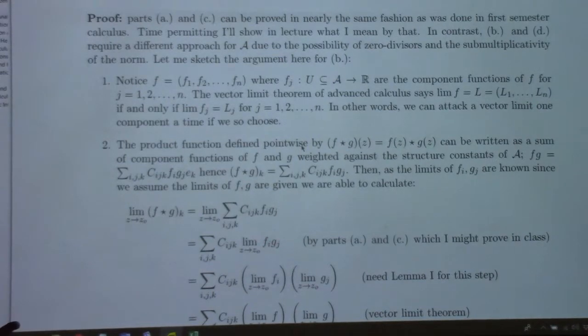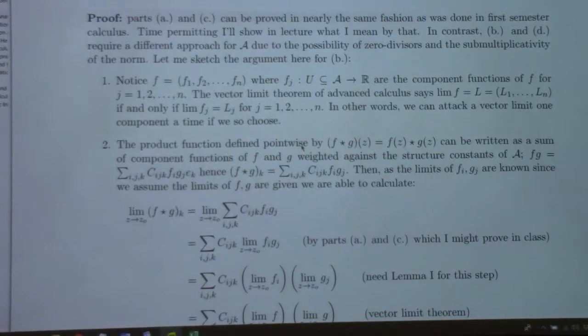Their domain is the algebra, but their range is just real numbers, all right? In contrast, the theorem is about functions which go from the algebra to the algebra. So the thing we're trying to prove is about algebra valued functions. This lemma is for real valued functions, for the component functions of the algebra function. So by a lemma, this is equal to the product of the limits.